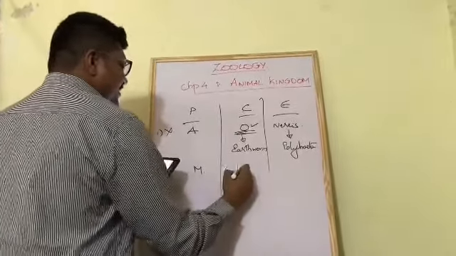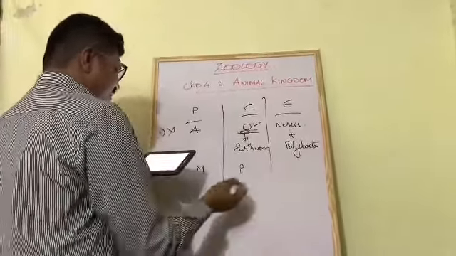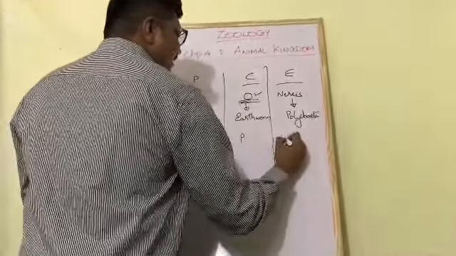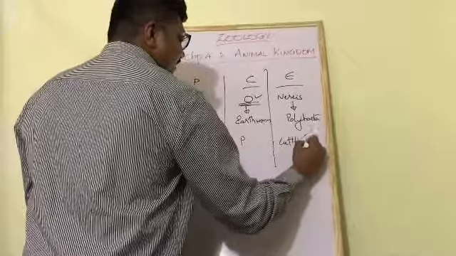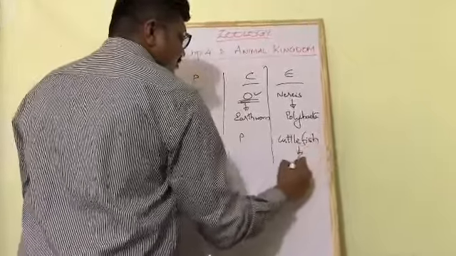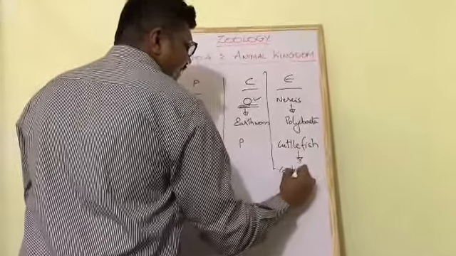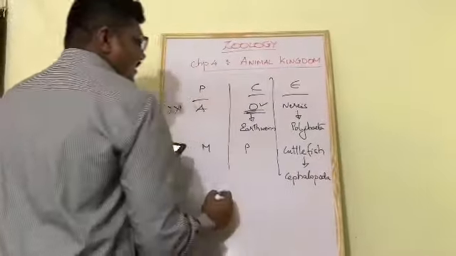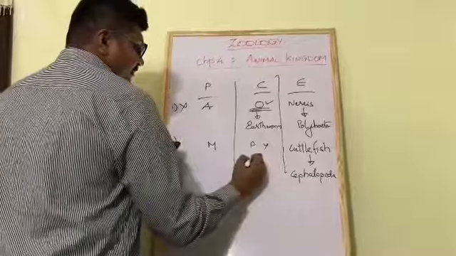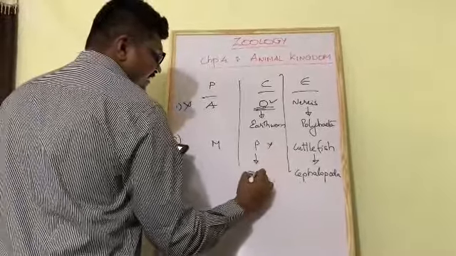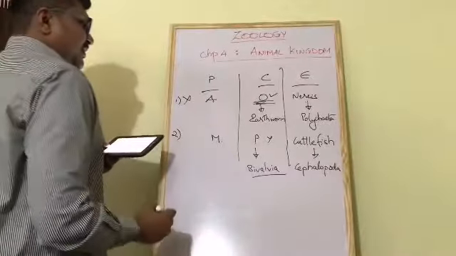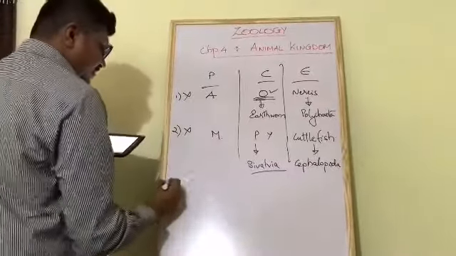Mollusca says class is Pelecypoda, which is, yes, one of the classes in phylum Mollusca, but the example given is cuttlefish. Now cuttlefish belongs to class Cephalopoda of Mollusca, and Pelecypoda is wrong. Pelecypoda is also called Bivalvia, where shellfishes are present. Hence option number 2 is wrong.